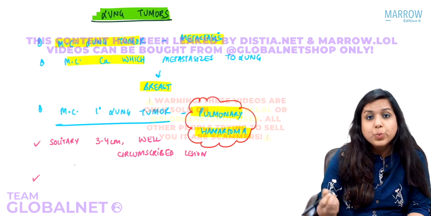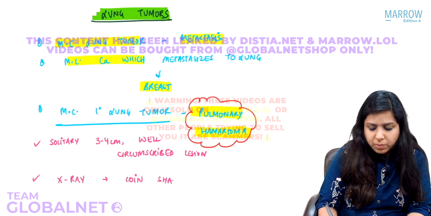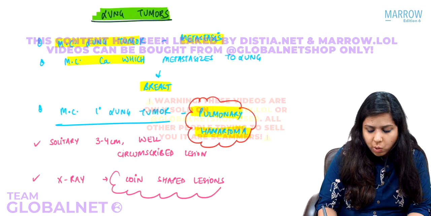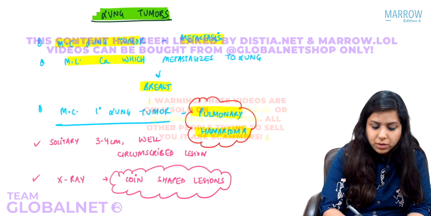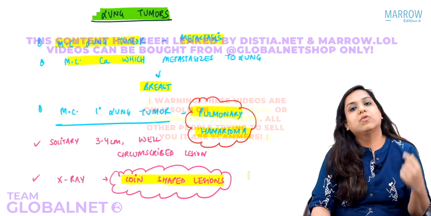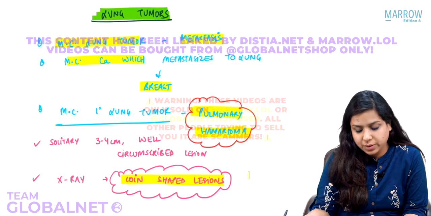Remember students, you will study this in radiology that on X-ray it produces coin-shaped lesions. Another MCQ: in a clinico-pathologic question, a coin-shaped lesion can be a clue to the diagnosis of pulmonary hamartoma, which is the most common primary lung tumor, most common benign lung tumor, right?